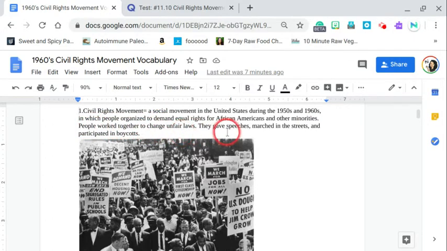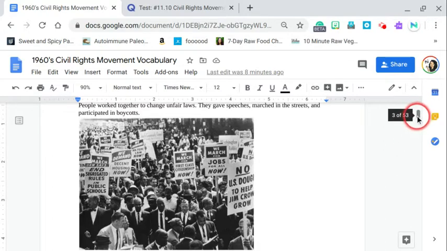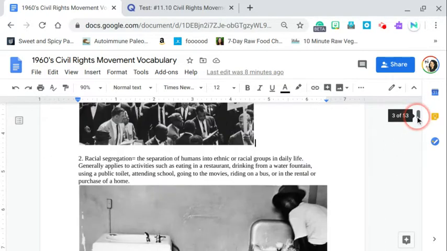They gave speeches, marched in the streets, and participated in boycotts. So here we see people involved in these marches, and you see end segregation in public school, jobs for everyone now. Okay? So that is the civil rights movement when people protested to have equal rights.